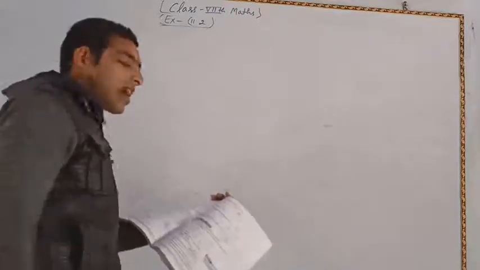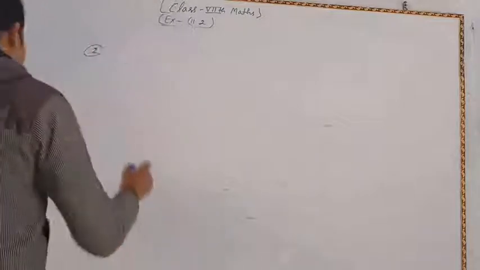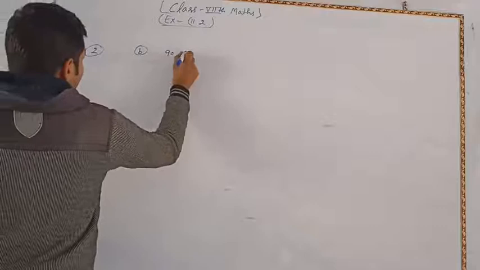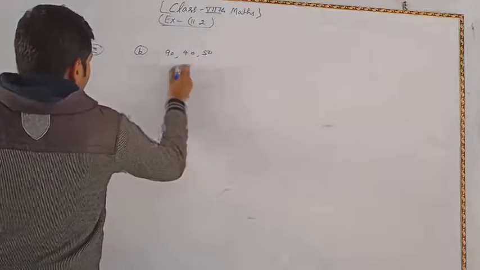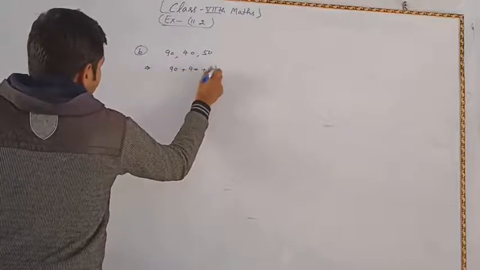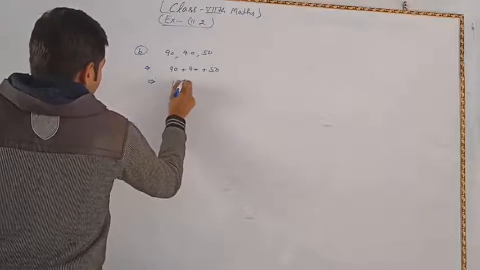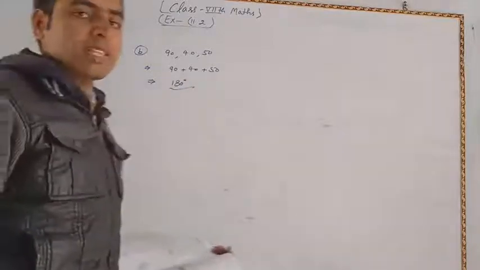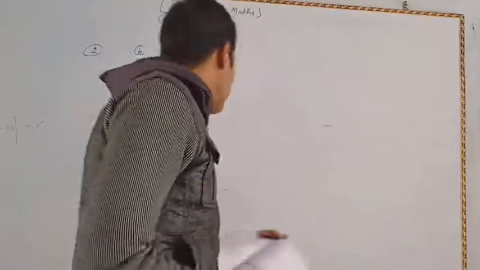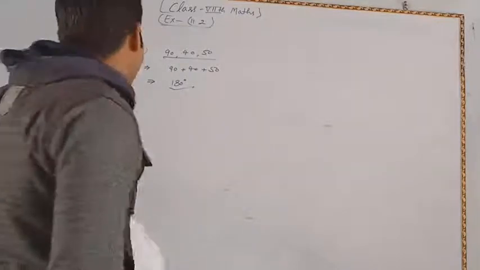And if this is not satisfied, then you have not found any triangle. So first of all, in B, here given 90, 40, 50. First of all, we add these: 90 plus 40 plus 50 implies 180 degree. So this property of triangle can be satisfied. So it will be possible that by these angles we can form a triangle.